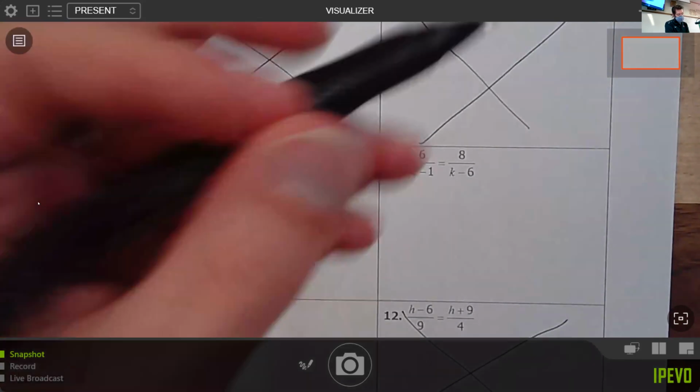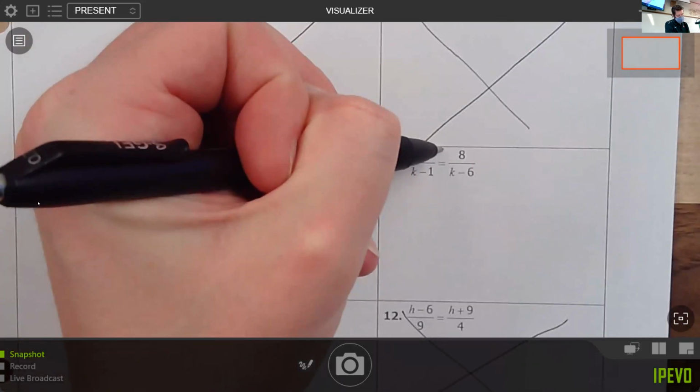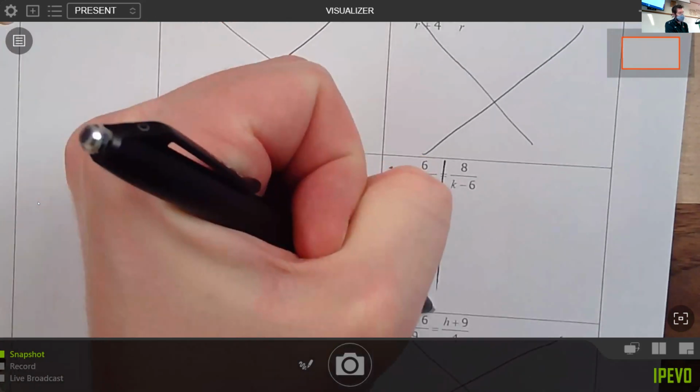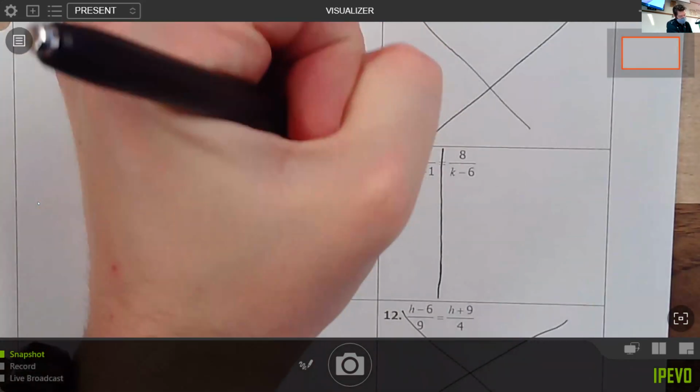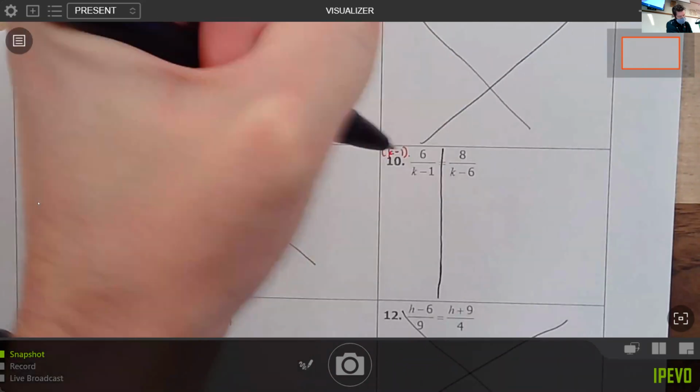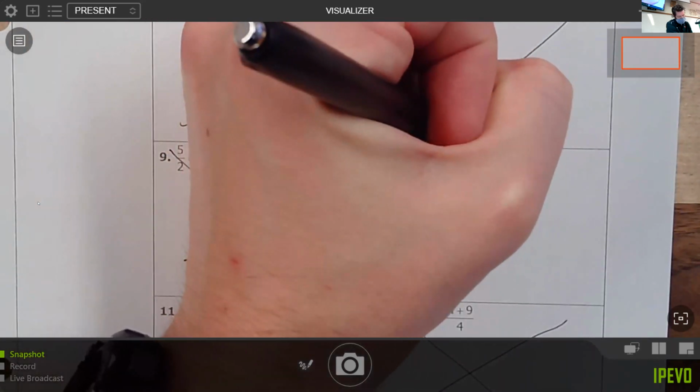What will we be doing first on number 10? Multiply by the k minus 1. Good. So multiply by k minus 1 and by k minus 1.